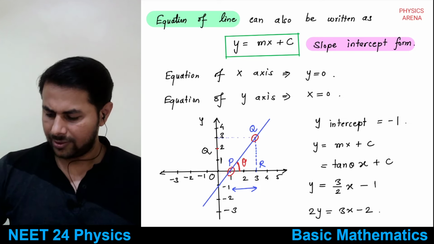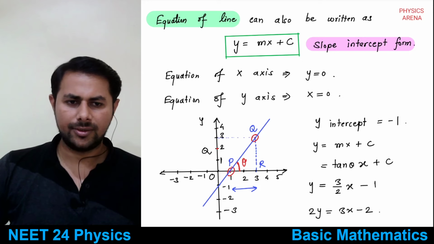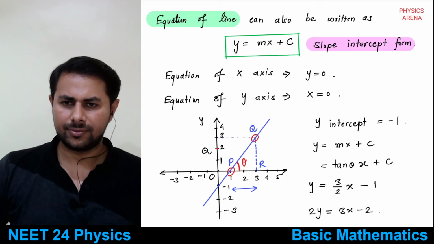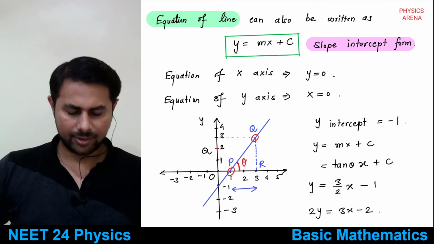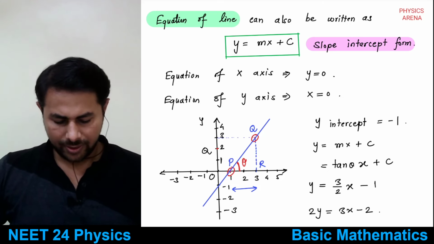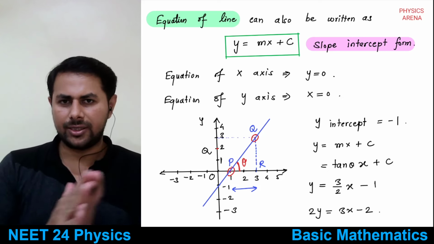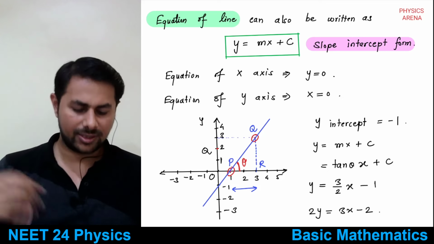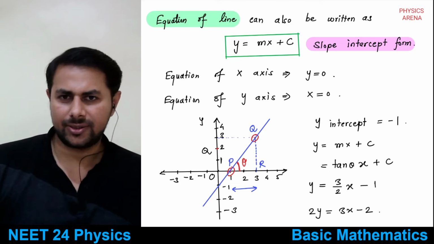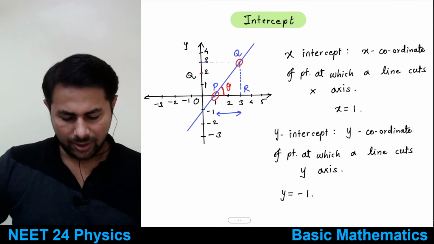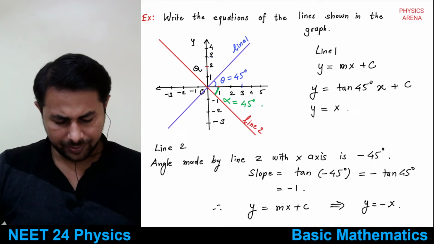Okay, this is clear, everyone? All right, very good. Now we need to understand lines, then only we'll understand the upcoming topics, that is derivatives and all. That's why I'm taking this.